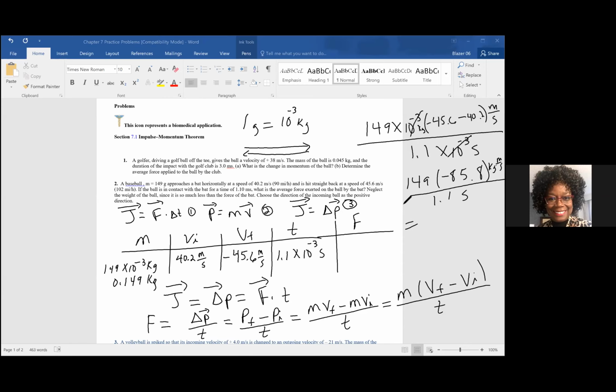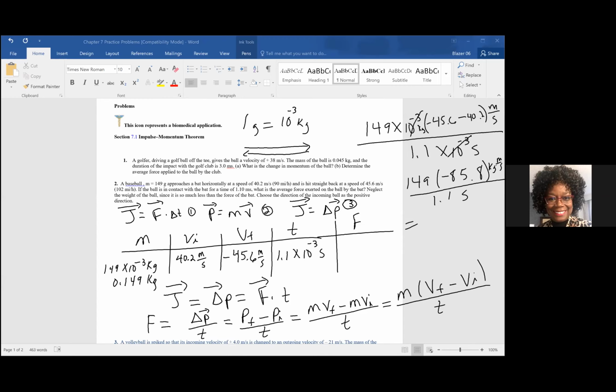Okay, so it says, if the ball is in contact with the bat for this much time, what is the average force exerted on the ball by the bat?